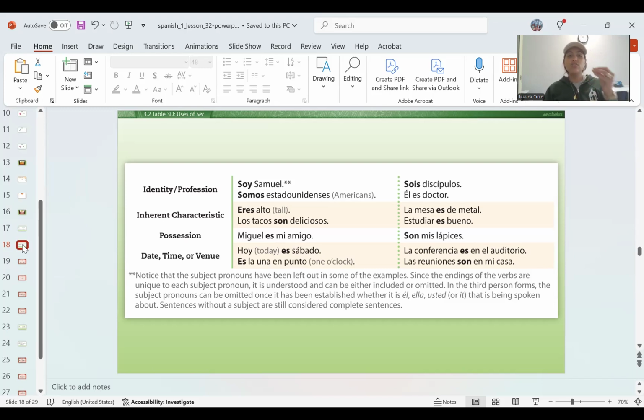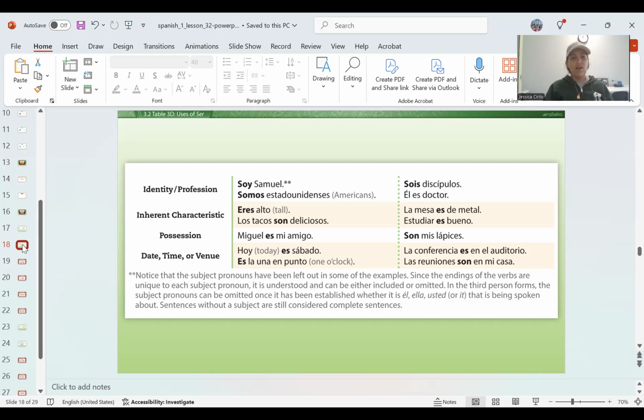So instead of saying nosotros somos estadounidenses, when you say somos estadounidenses, it's already implied that it is nosotros, okay? Because somos is a conjugation for only nosotros, okay? So that's why you don't see the subject here, you just see the conjugated verb and the rest of the sentence.